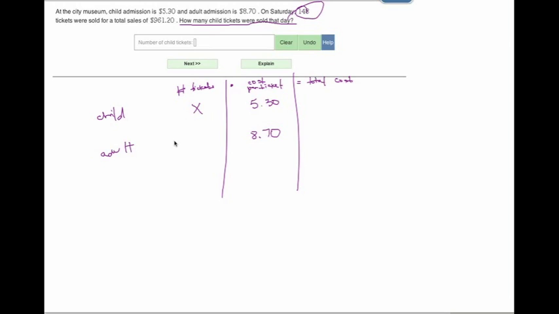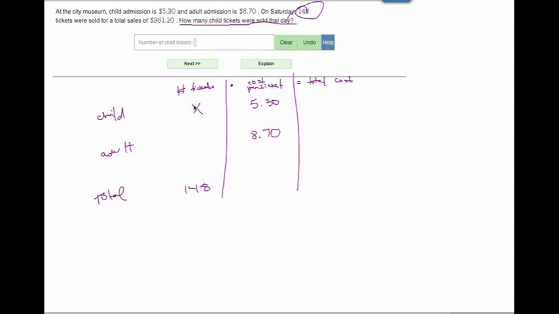So whenever you have a total of, oops, not 149, 148. Let me erase that. Okay, so there's a total of 148.